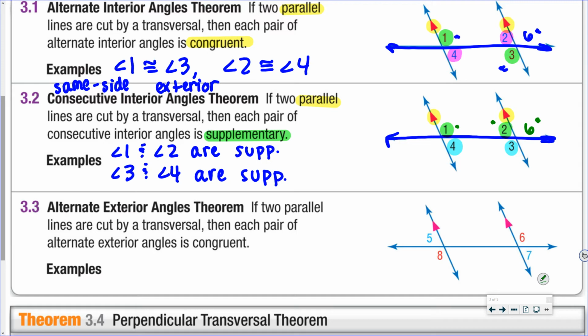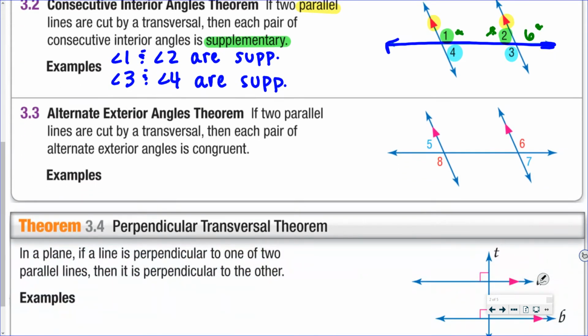So this angle plus this angle adds to 180. And this angle is the same as this angle. Then these are also going to add to 180. Okay? Let's say this angle is 100 degrees. This one's also 100 degrees. What would this one be? 80. Supplementary. So these, 100 plus 80, also supplementary. Okay? And that works, folks, for same side interior and same side exterior.